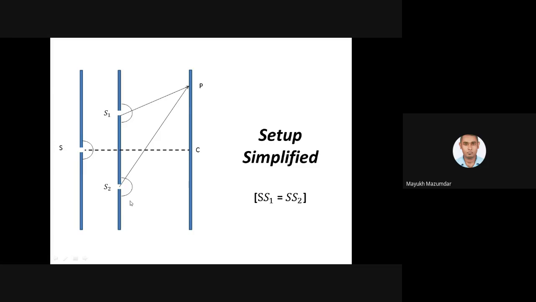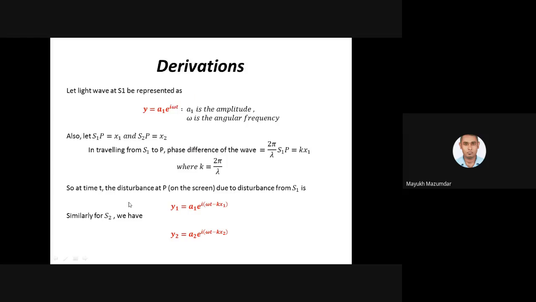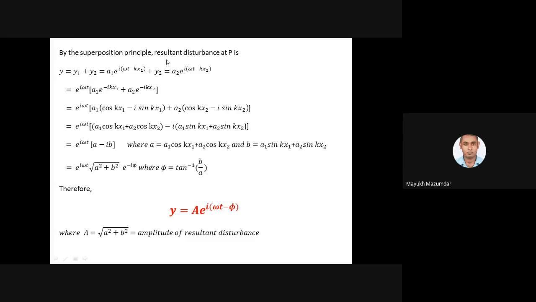I'm not considering the effect of S2; I'm just considering the two sources separately. Now, in order to consider their effect, I'll use the superposition principle. Simply, I will write y equals y1 plus y2. The plus sign is due to the same direction of the two waves. Substitute the values of y1 and y2.